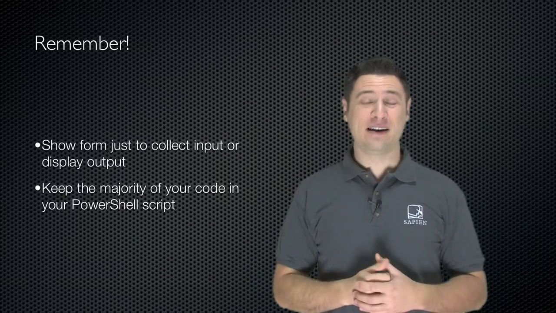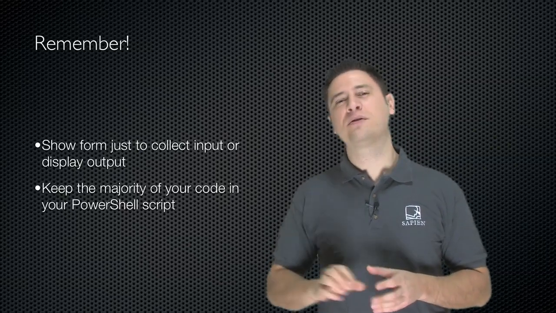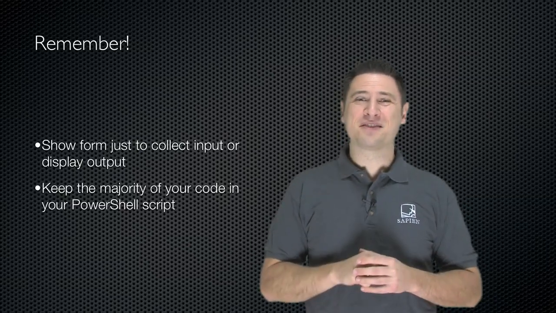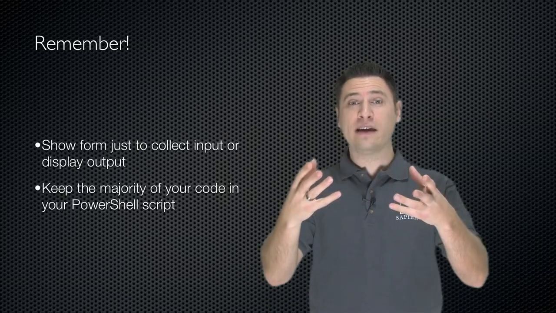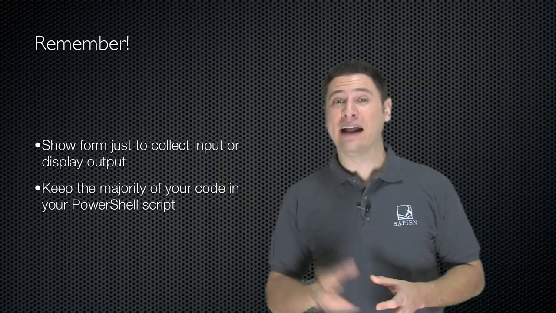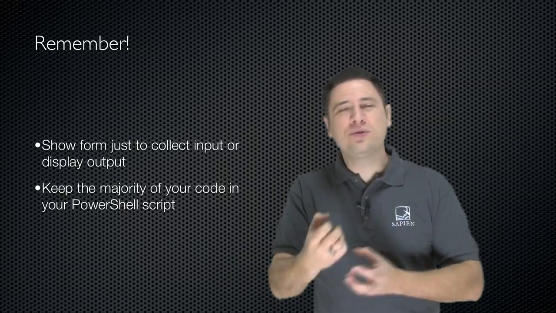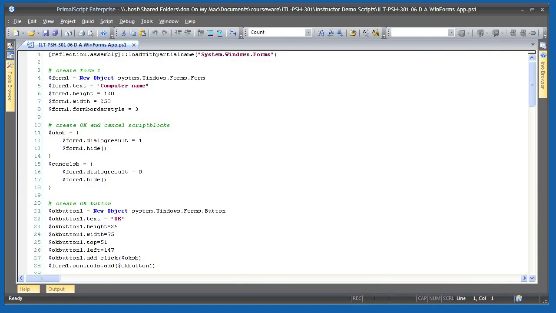PowerShell is a single-threaded environment, at least with respect to your scripts. So there's a few things you can do in WinForms if you're writing a real application that'll just mess you up in PowerShell. So if you try to just use your forms to display output or display dialog boxes to collect information, and then close, and then let your main PowerShell script actually use that input, you'll keep yourself out of trouble. Here's my completed application.